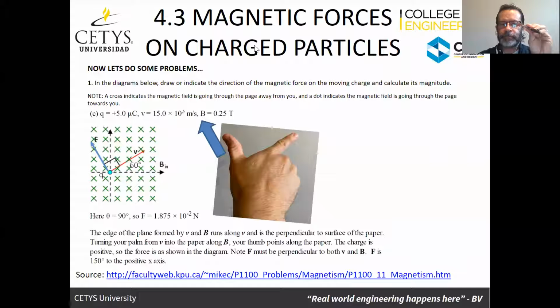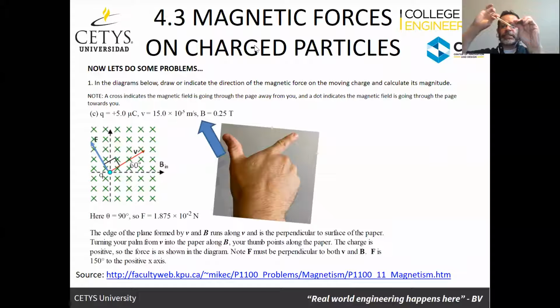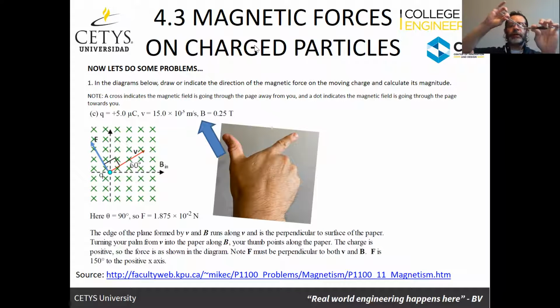Are we okay up to this point? And then I've got the velocity that's going like this at an angle. Are we okay up to this point, Omar, and the rest of you? You see this? Yes. So this is going in here, and then we've got this here at an angle, right? We okay up to this point?